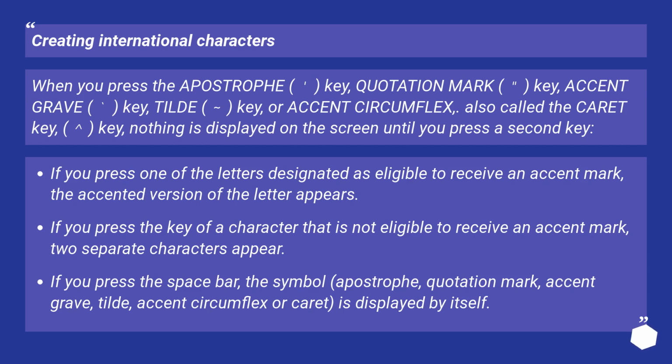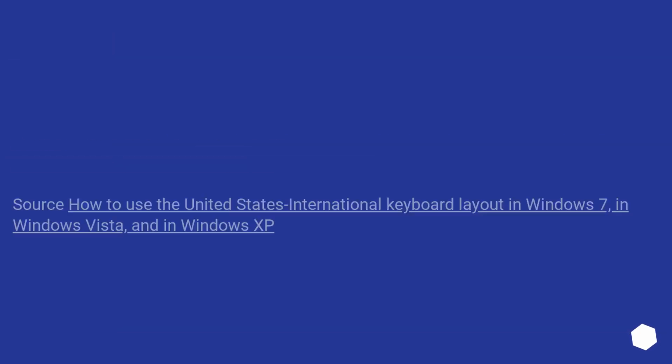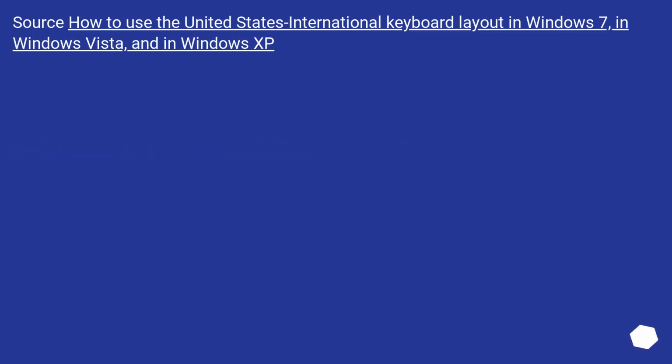If you press the key of a character that is not eligible to receive an accent mark, 2 separate characters appear. If you press the space bar, the symbol, apostrophe, quotation mark, accent grave, tilde, accent circumflex or caret, is displayed by itself. Source: How to use the United States International Keyboard Layout in Windows 7, in Windows Vista, and in Windows XP.